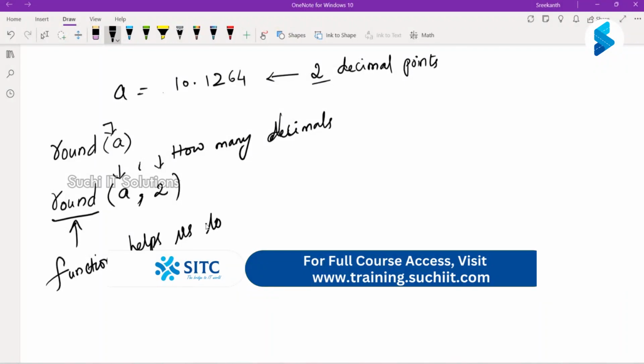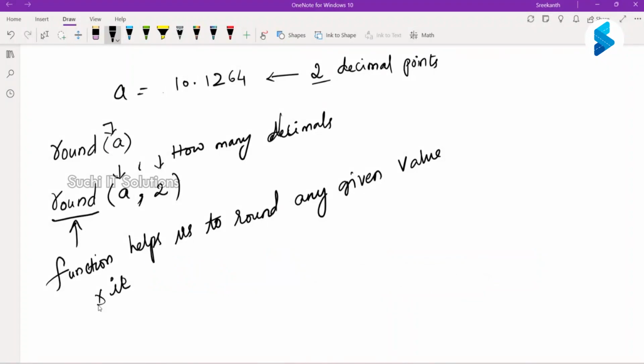It helps us round any given value. It takes 2 parameters.